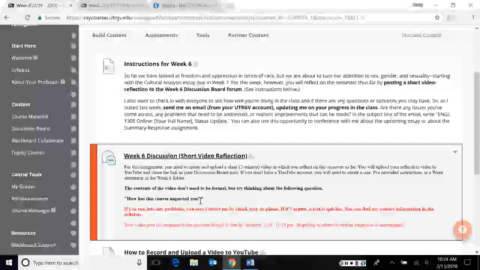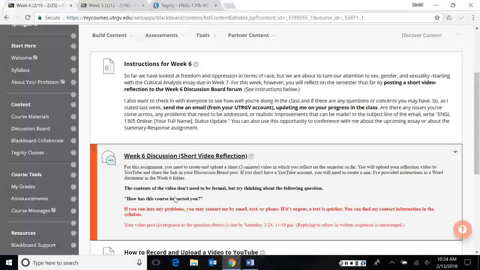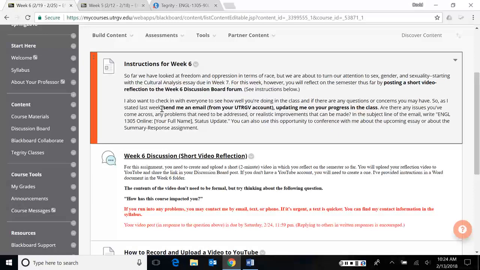But besides just doing this discussion, there is a small other thing I'm asking you guys to do. I want you to send me an email. Again, it has to be from a UTRGV account. I've had several people try emailing me from a Gmail account or Yahoo account, and I can't reply because all university related exchanges or messages need to be on our server side.